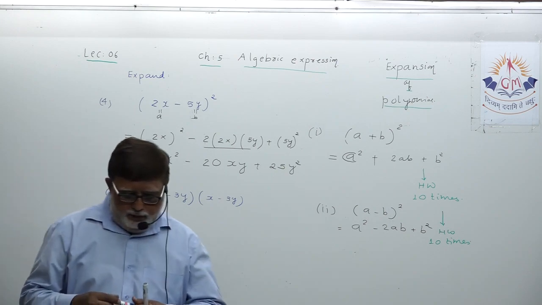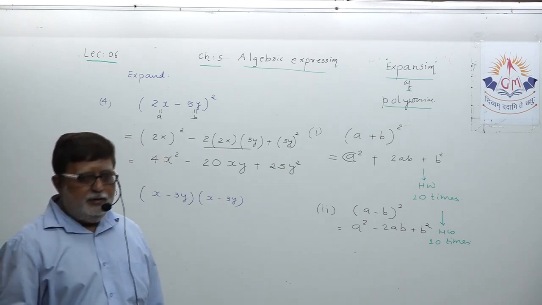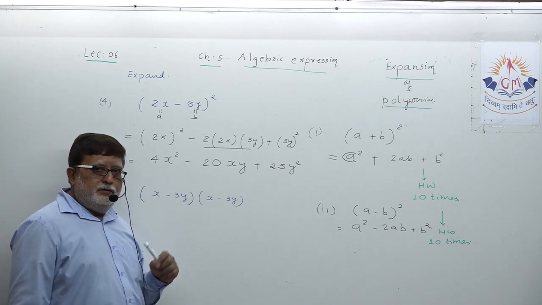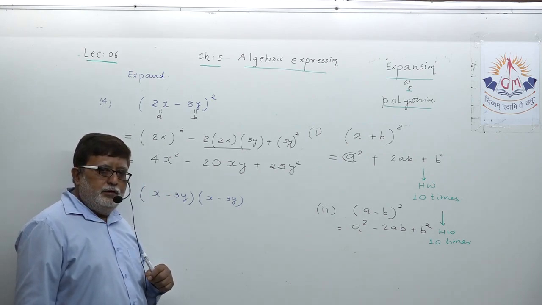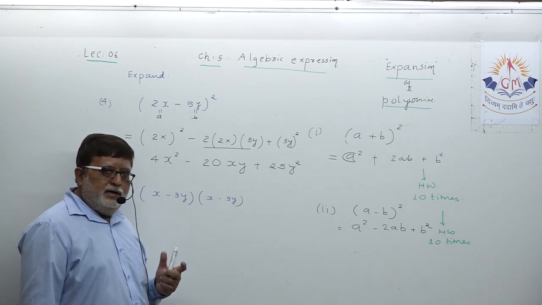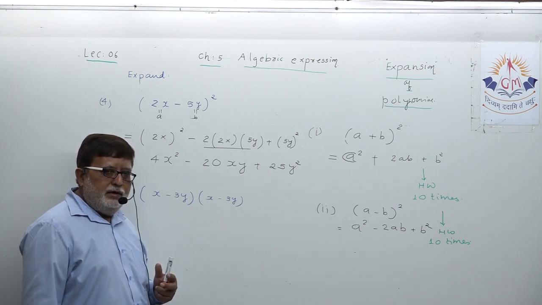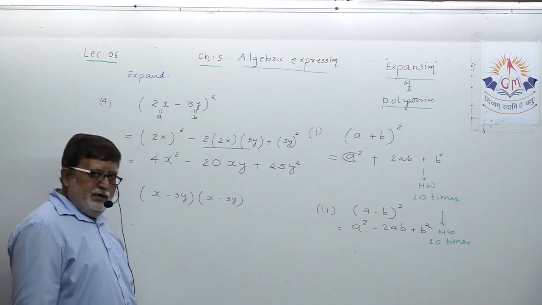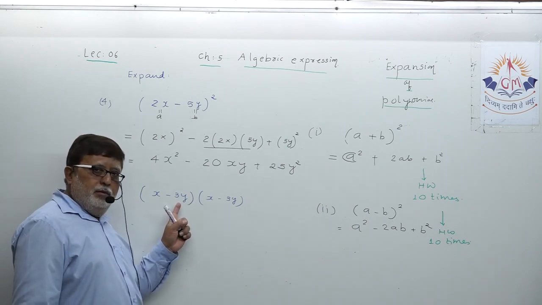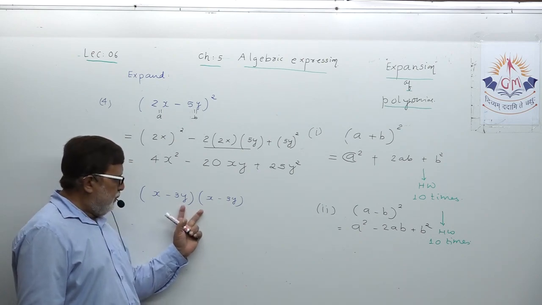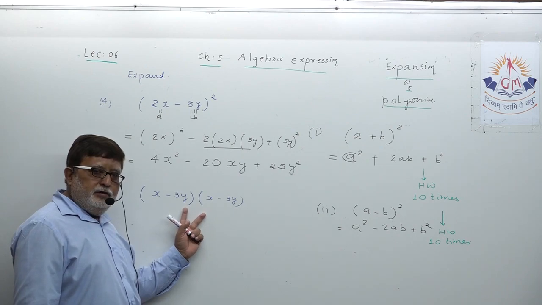A smart student will immediately understand this. In the previous examples which we have solved just now, everywhere you were directly given the bracket square, a bracket consisting of two terms and square. Here there is no bracket square, but you are given two similar brackets in succession.